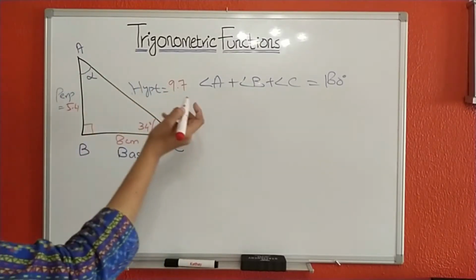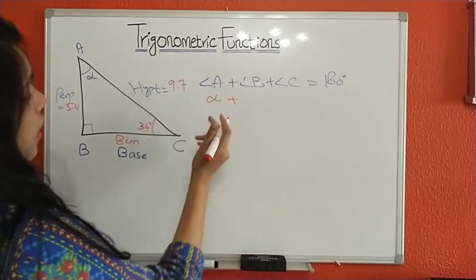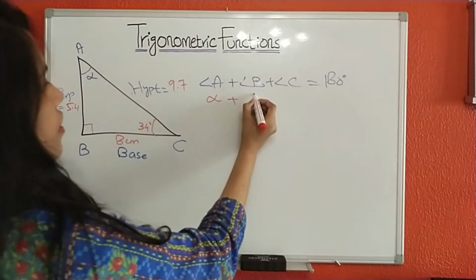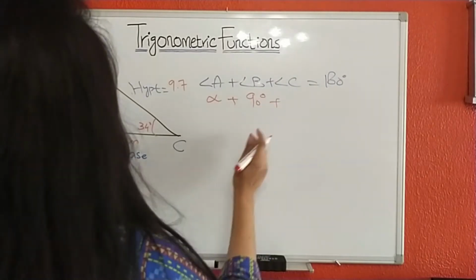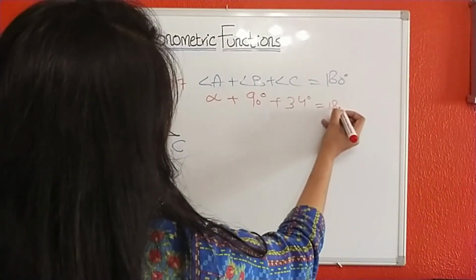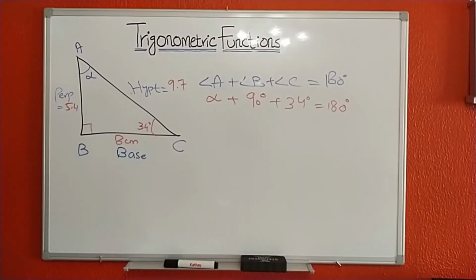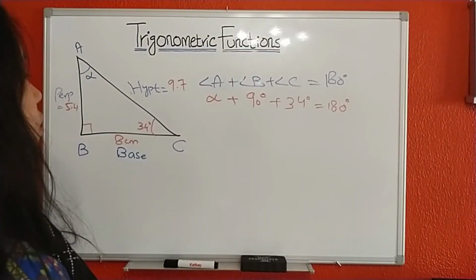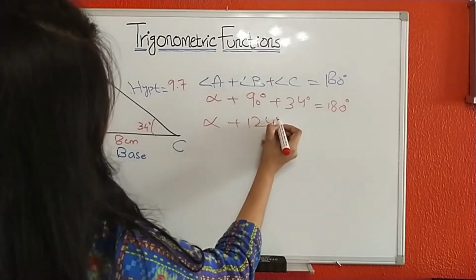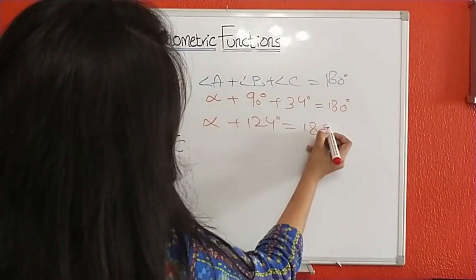Angle A here is alpha, as I have to find the value of alpha. Angle B here is 90 degrees. So 90 degrees plus angle C, which is 34, is equal to 180. Now I am adding these angles. It will become 124 degrees is equal to 180.